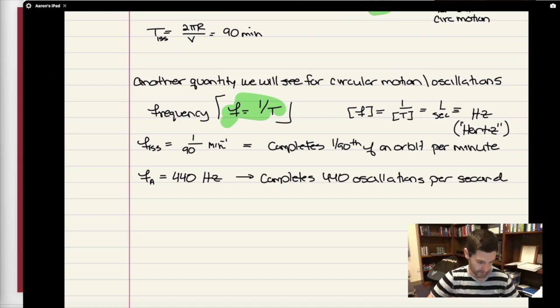All right, circular motion, different from projectile motion, has its own set of assumptions built in. So make sure you understand the difference between when we're talking about projectiles compared to when we're talking about circular motion. We will see circular motion a good amount in this class.